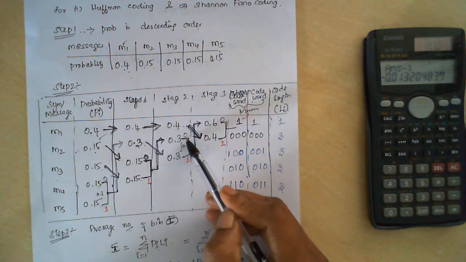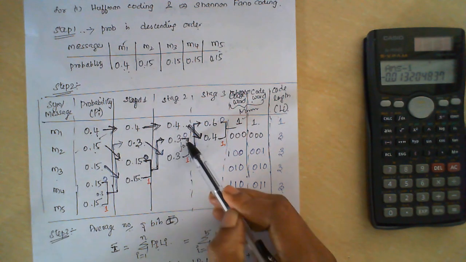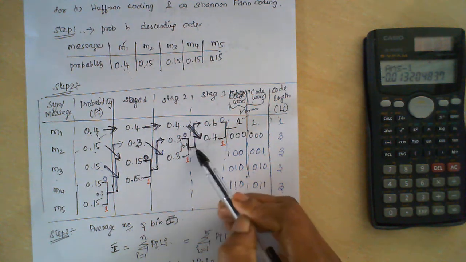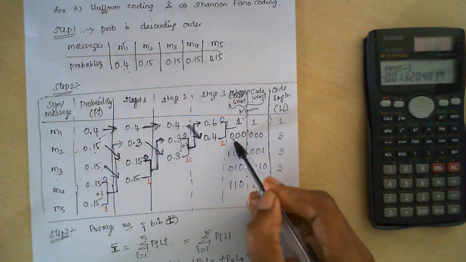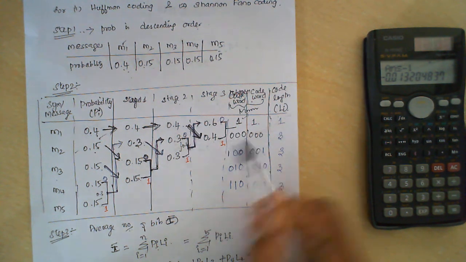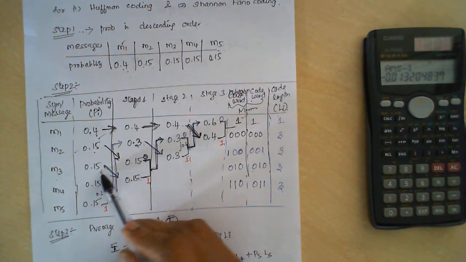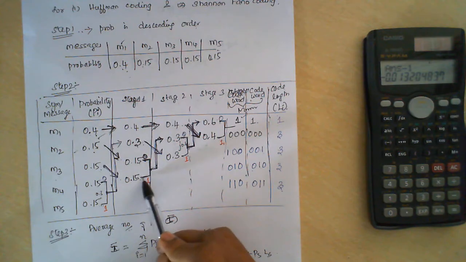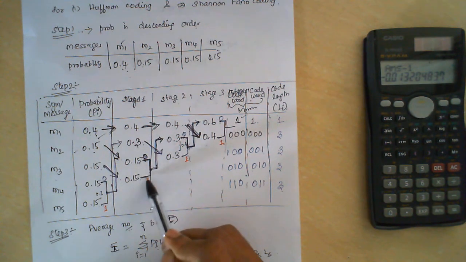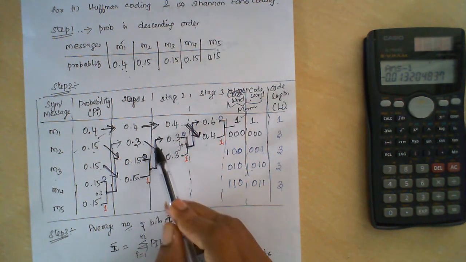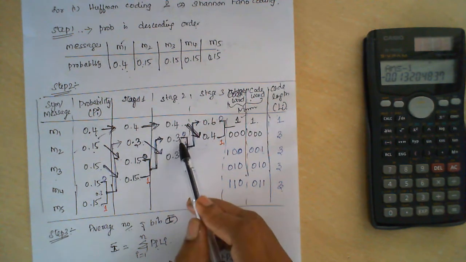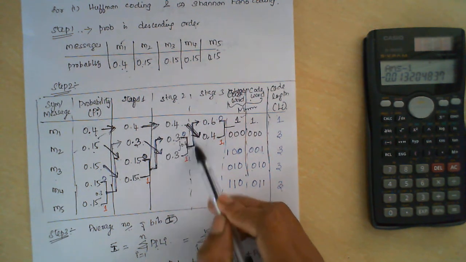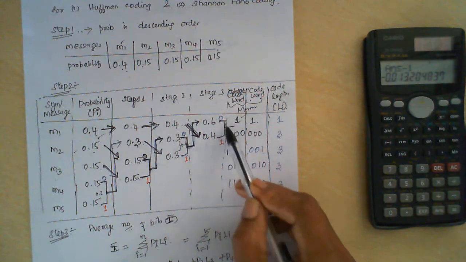After this route it again goes with 0, again it goes with 0. So the value here is 0, 0, 0. And here also 0.15 is coming down. There is no value for 0, so it is taking the value of 1. Again it is going up, so the value here is 0. Again it is going up, so it is 0.